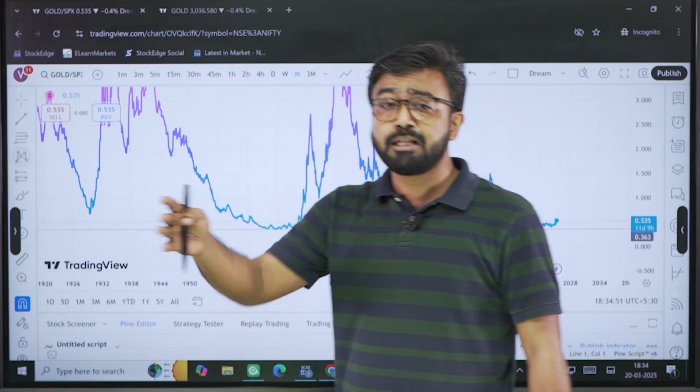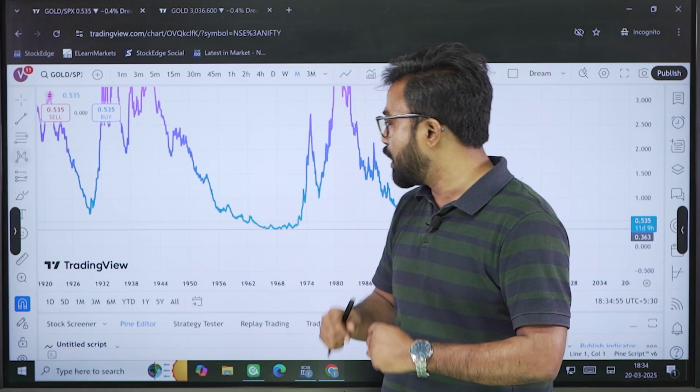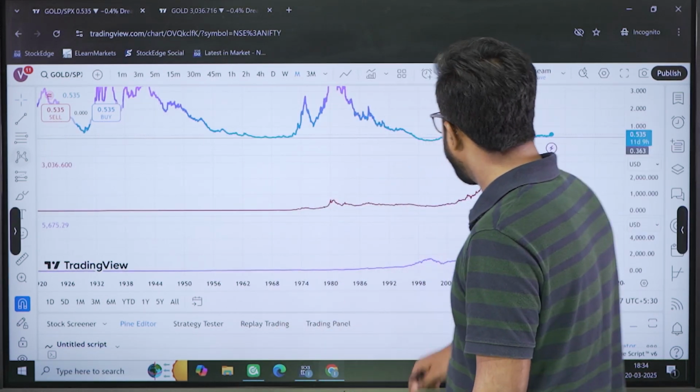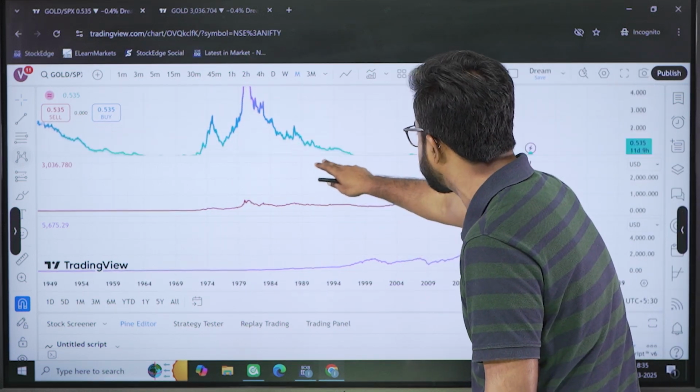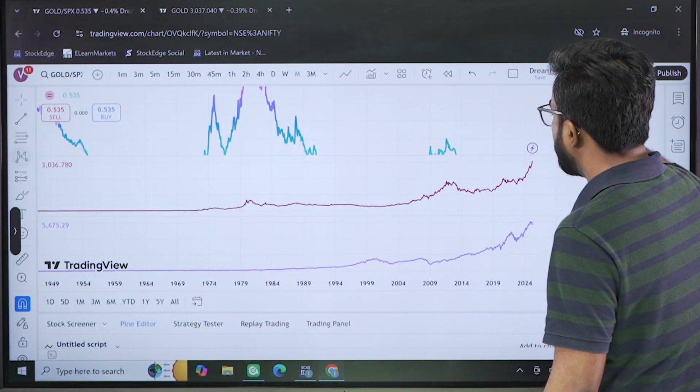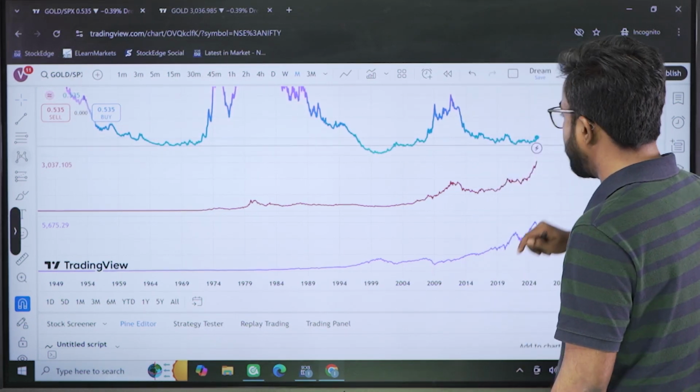Now, to validate this point, what is the basis of my words, let me show you and prove it to you what has happened in earlier instances. So this is the ratio chart on the higher side.